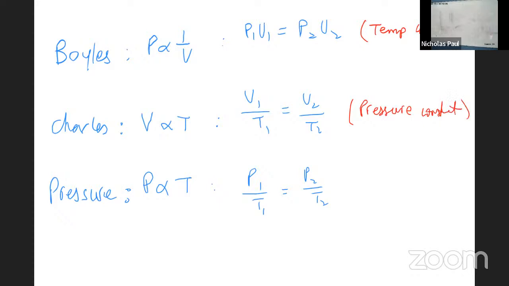And the last one, in the pressure law, is volume. So you need to remember when to use the laws by taking a look at what's constant. Volume is constant in the pressure law. And then there is one called the general gas law.